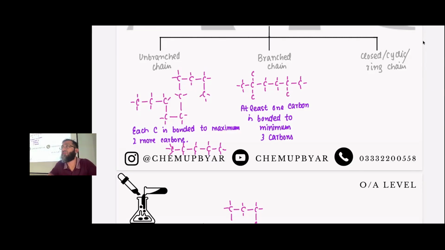That's what a branched structure is. So it means there is a possibility that one carbon is bonded to four carbons in the branched structure. The minimum requirement is that at least one carbon is bonded to three carbons, then that structure is always considered a branched structure. Is this clear?